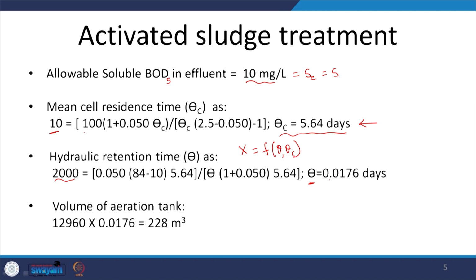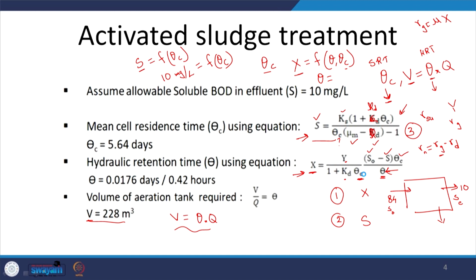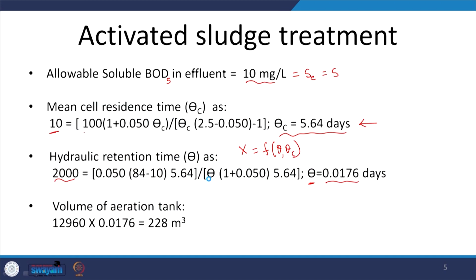So, one aspect to note is this is less than an hour, but it will typically not be so low, right, but it is not unreasonable either. So, you see it is just about half an hour, but you can look at how much time the microbes are spending in the system, and compare that with the time that the water molecule or the organics are spending in the system.